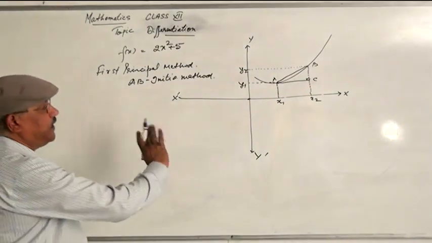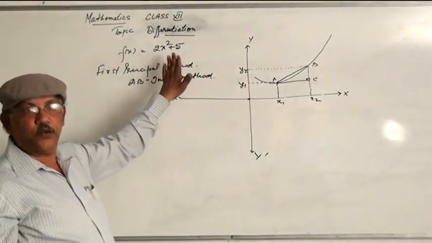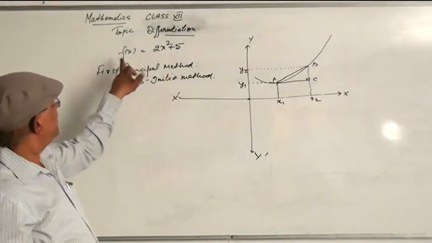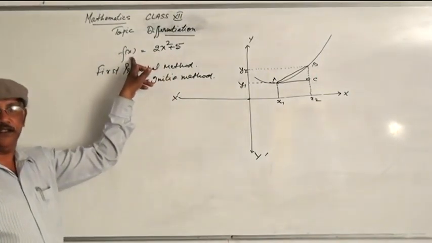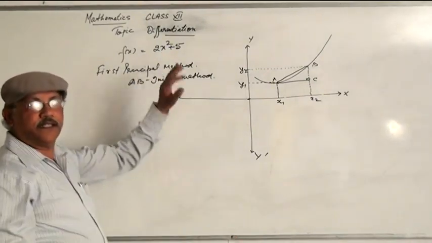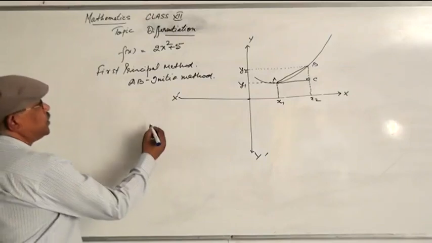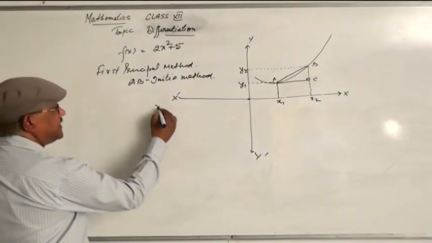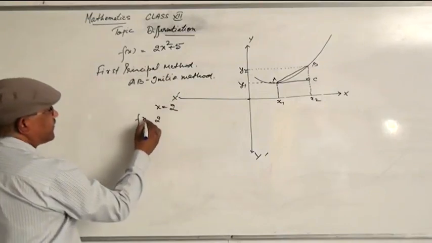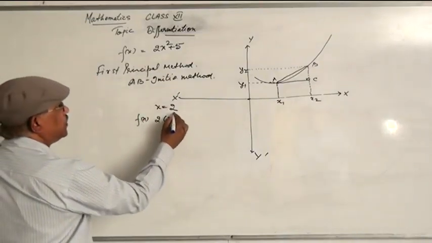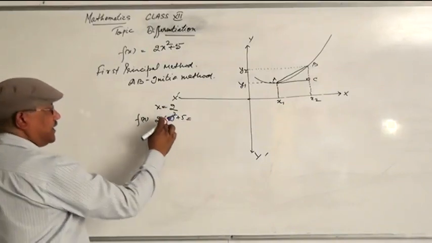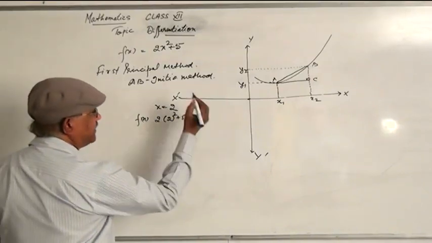As soon as we change the value of x a little bit, obviously the value of f(x) will also change. If x is equal to 2, the value of f(x) will be 2 square plus 5, which is 4 twos are 8, and 5, 13.